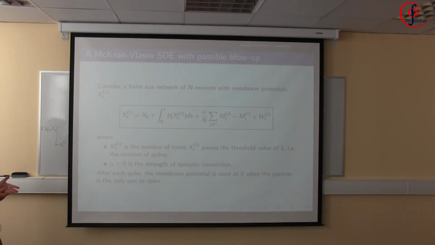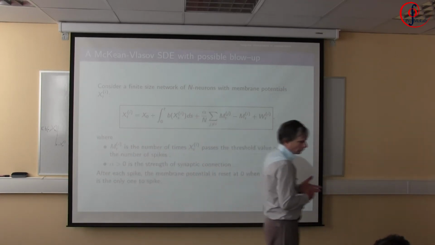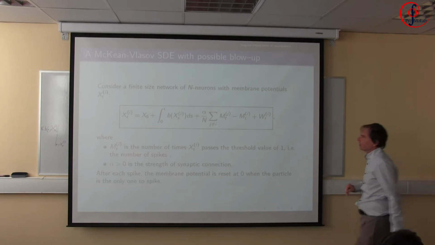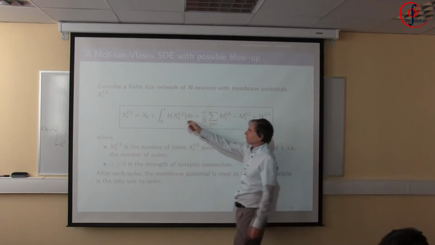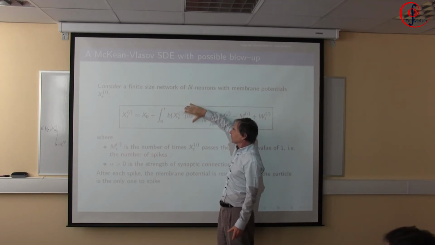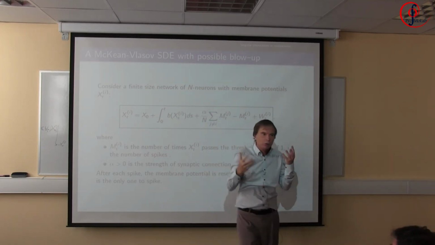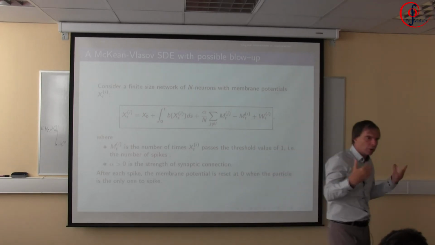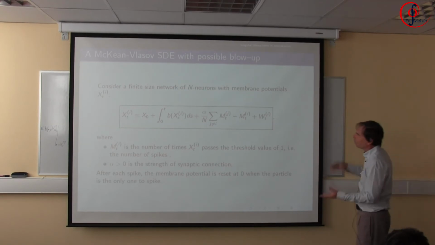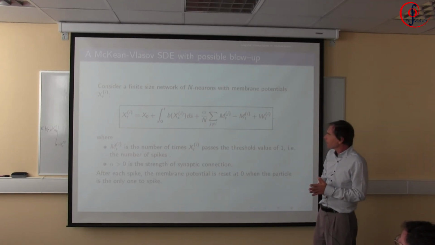So let's try to write a dynamics for the membrane potential. So suppose that you have, let's say, a deterministic coefficient B, which would describe the dynamics of the potential if there were no chemical reactions and no interaction with the other neurons.